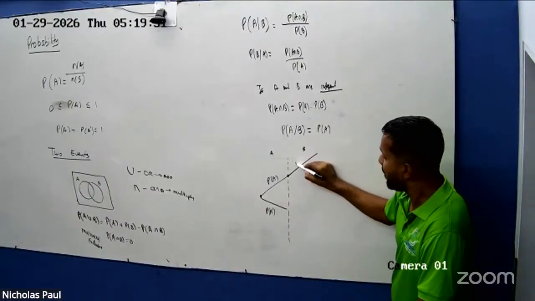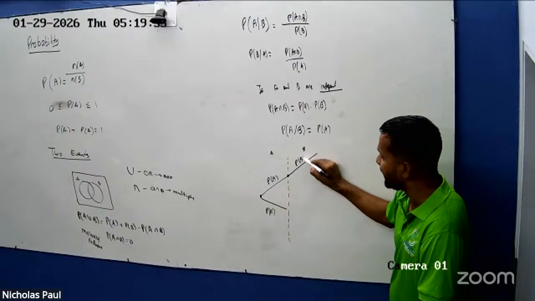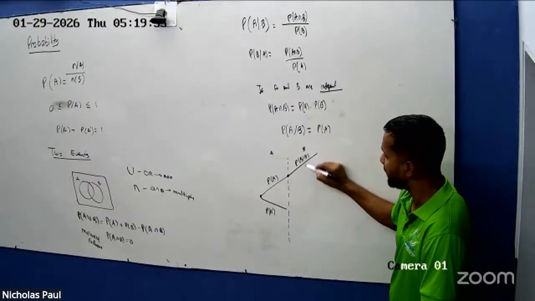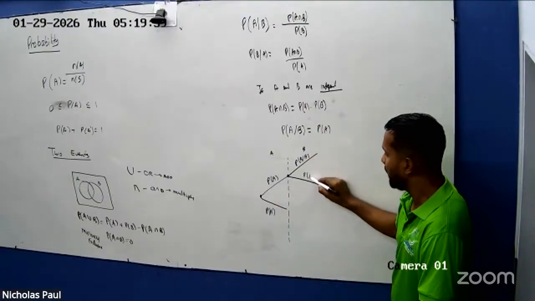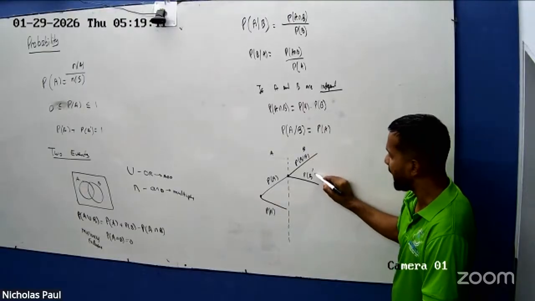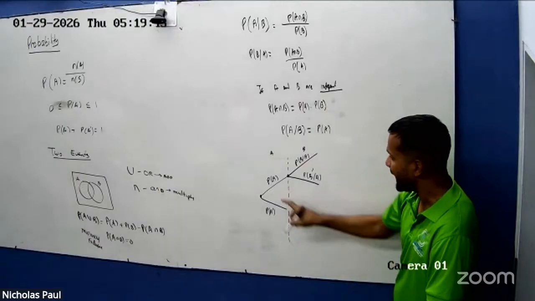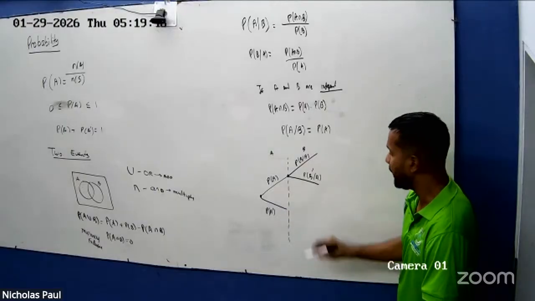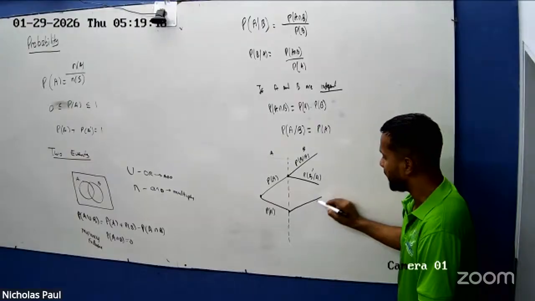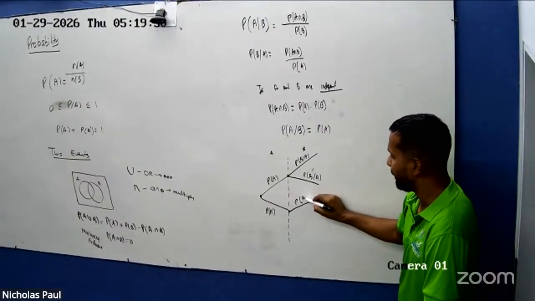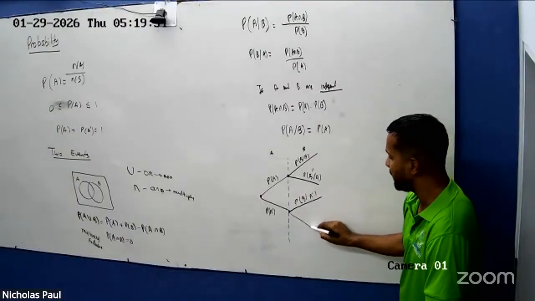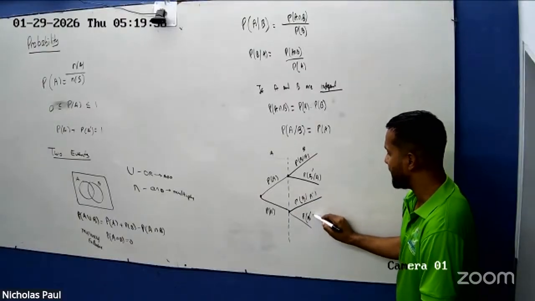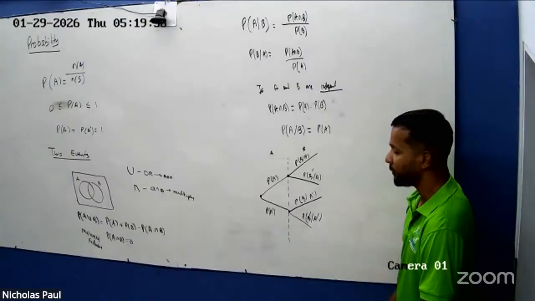Probability of B given that A happened. What's this line here? B not happening given A happened. What about here? Probability of B happening given that A didn't happen. Probability of B didn't happen given that A didn't happen.